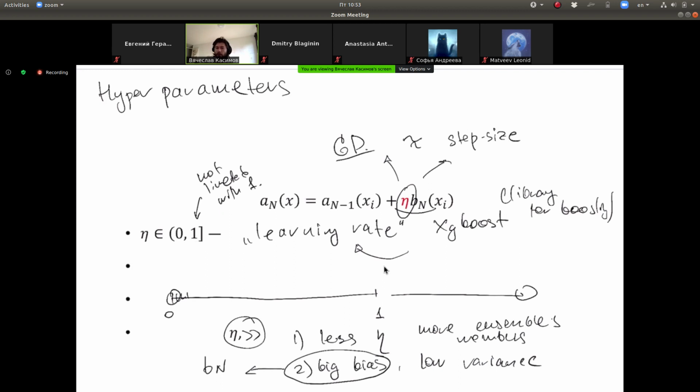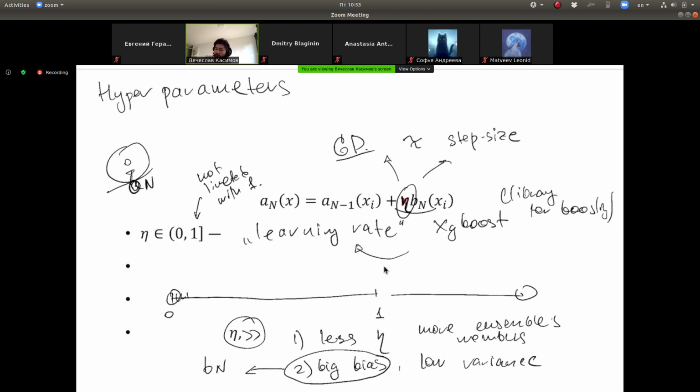We do everything locally, and we approximate our loss very locally, so we should use a very small step size. We can see the step size as a trust region around our current model, where we know how to modify it.